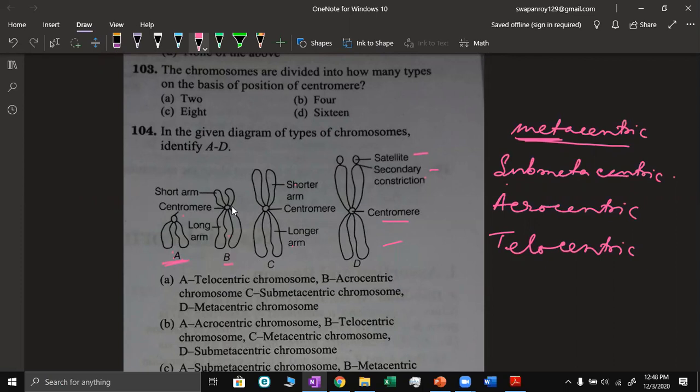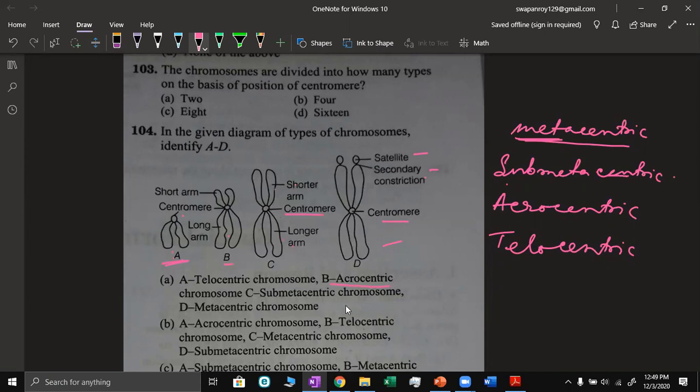B, the centromere is very near to one end. So this one is called acrocentric. Here the centromere is not exactly in the middle, a little away from the middle. This is the long arm, this is the short arm.